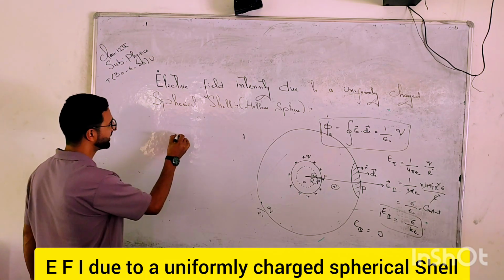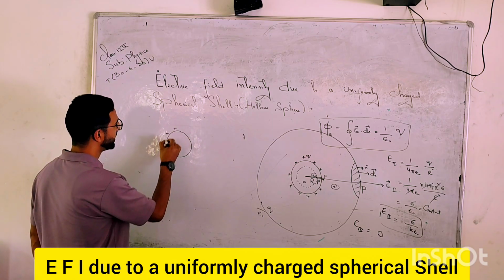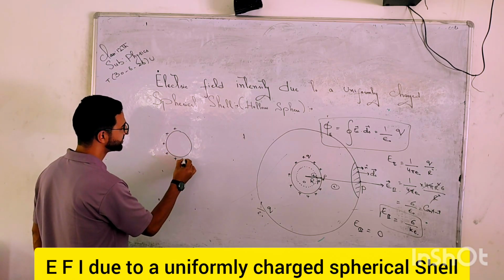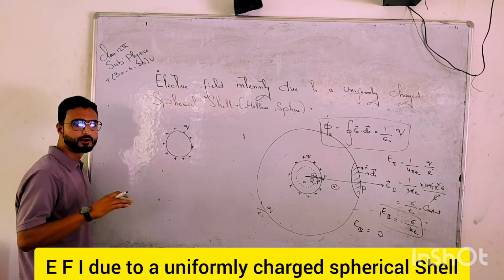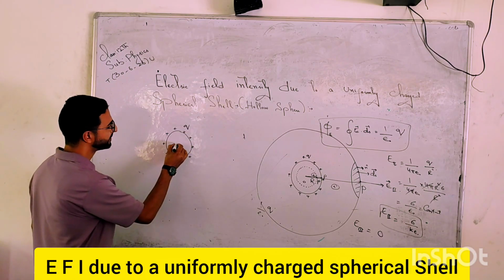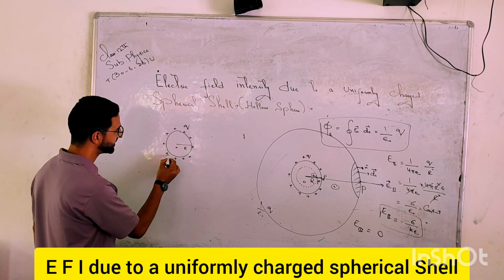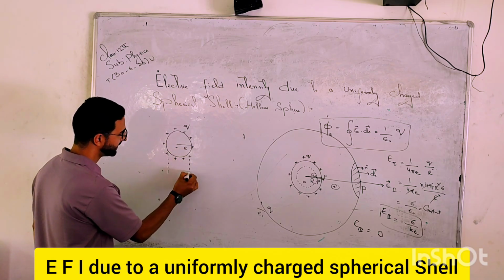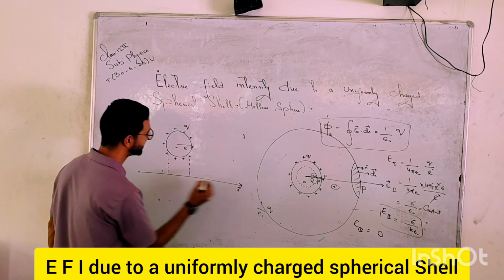Now let me show it here. Let's visualize this. Suppose this is a spherical shell having plus Q that is distributed uniformly over it. So this is plus Q that is distributed uniformly over the surface of a spherical shell having center O and radius R. Now see, variation of electric field intensity with distance. Suppose R is the distance here.